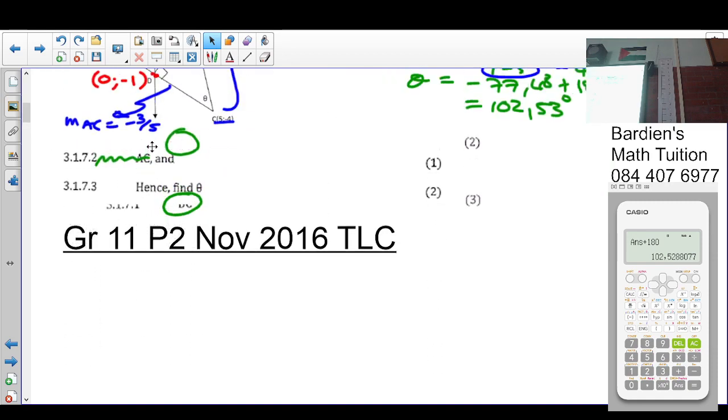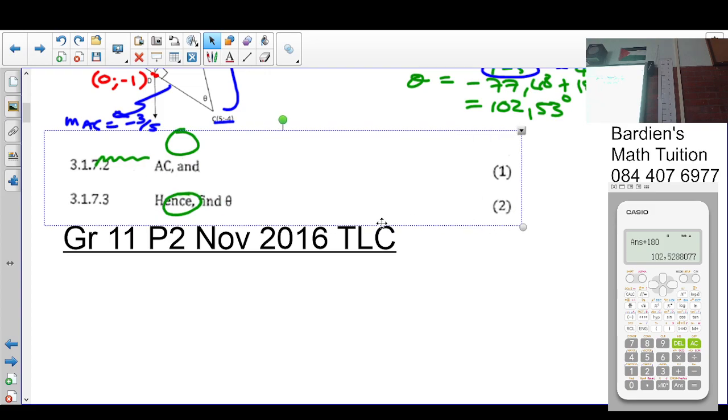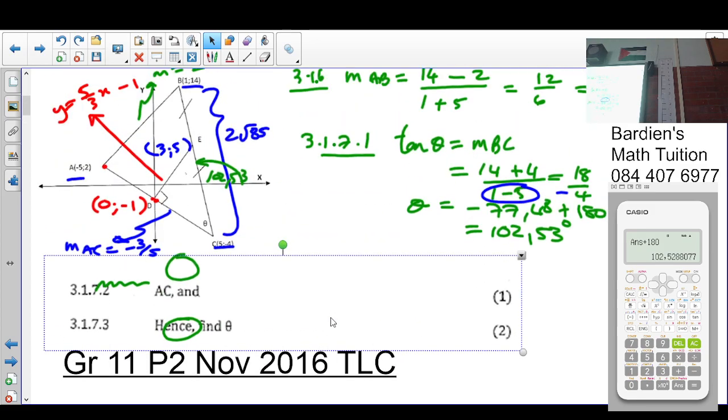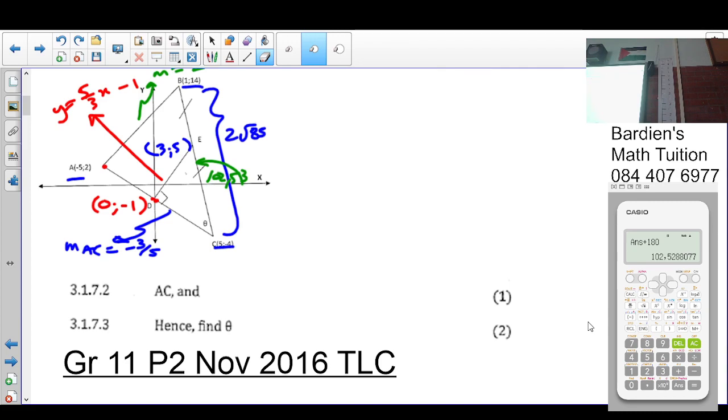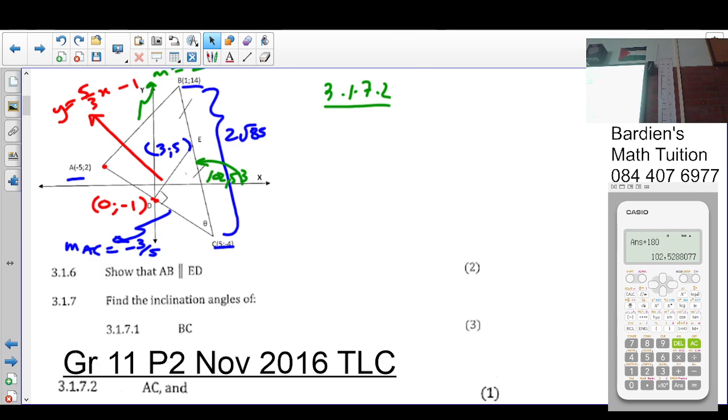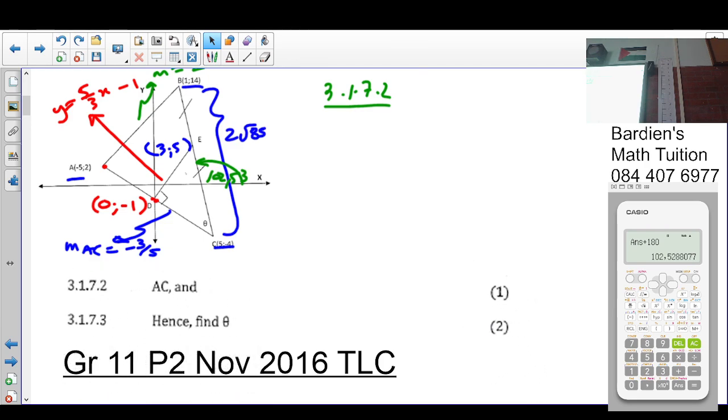AC. Now we're asked to work out 3.1.7.2, AC. There's also inclination. Yeah, this actually belongs at the bottom. So find the inclination now of AC.